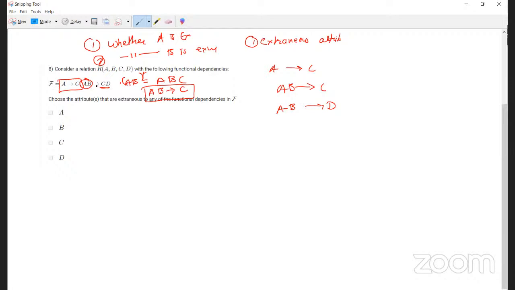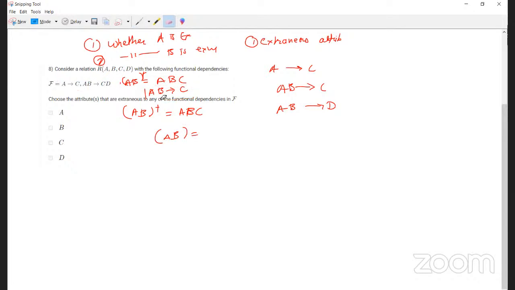So C is extraneous, right? Even if I remove C, when I get the closure of AB, I still get C by this functional dependency. Even if I remove D here, will I get D in the closure of AB? No, right? So D is not extraneous here.